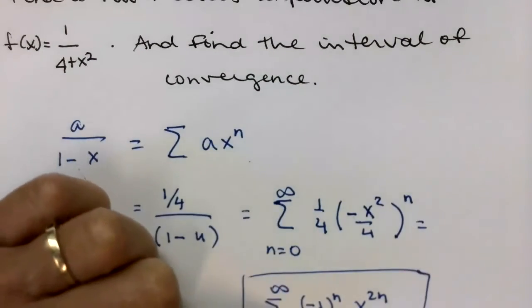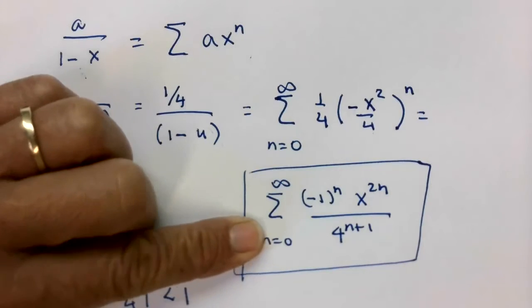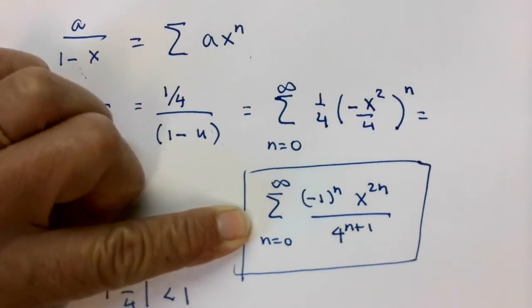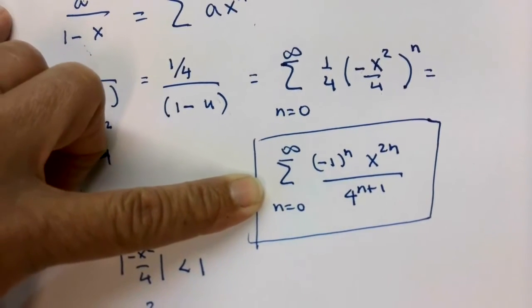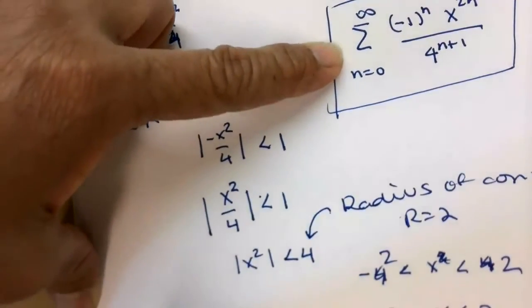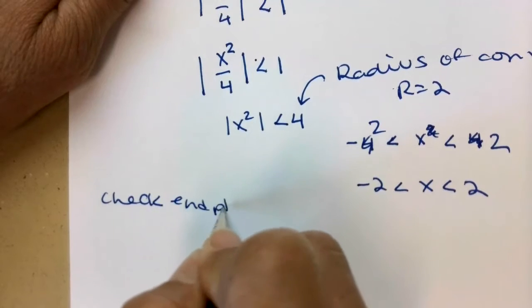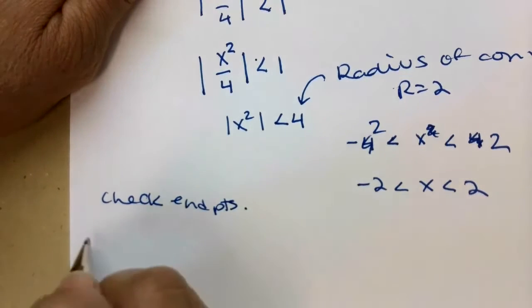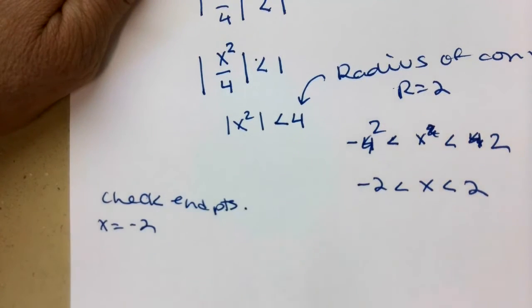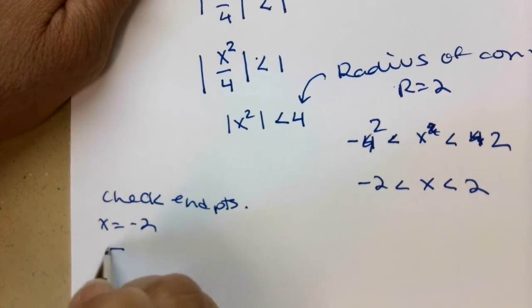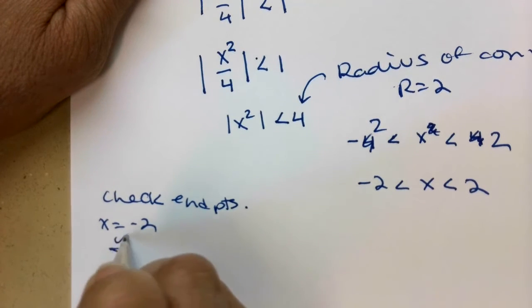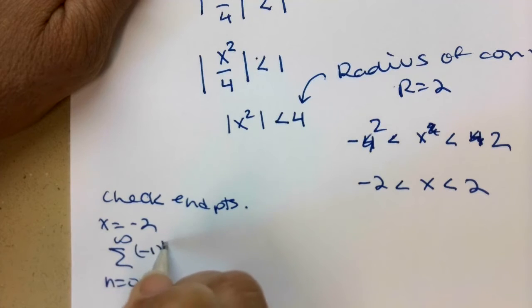Right, so here is my series. So let's check those endpoints. So we'll check negative 2 first, in for the x. So checking those endpoints. So does negative 2 let my series converge? So n equals 0 to infinity. I have my alternating term.